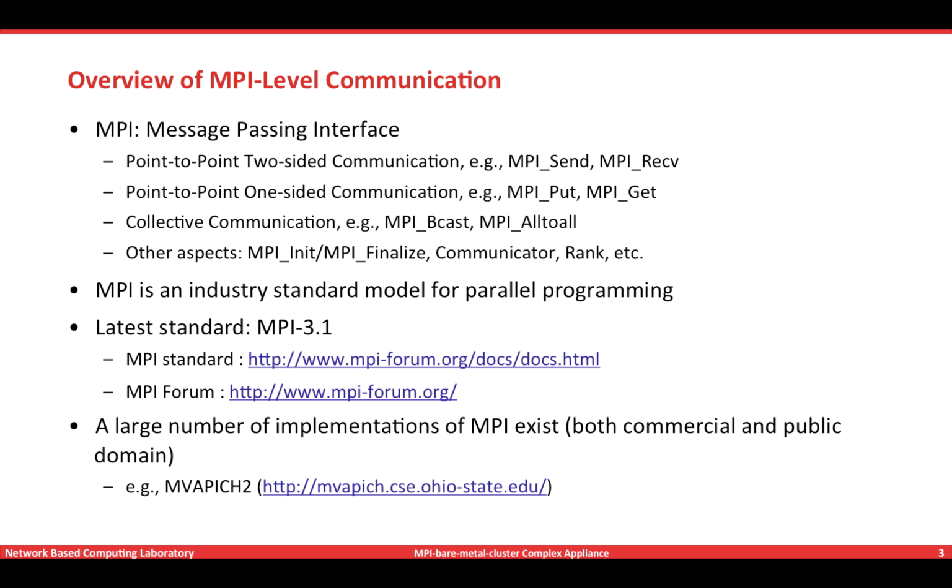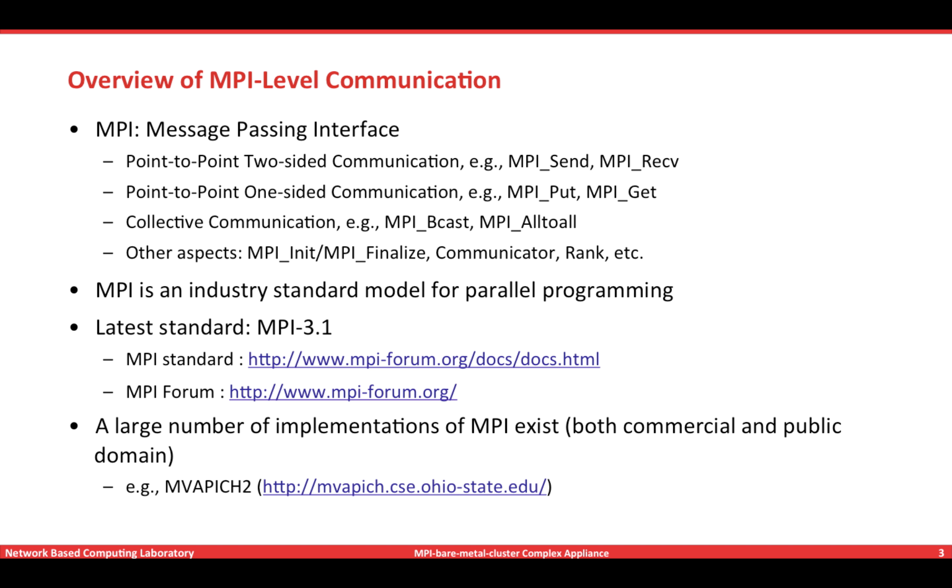So first, let's take a look at the overview of MPI-level communication. MPI is short for Message Passing Interface. It provides different kinds of operations. For example, you can do point-to-point two-sided communication like MPI send and receive. You can also do point-to-point one-sided communication, like using MPI put and MPI get to put and get data to and from a remote process.